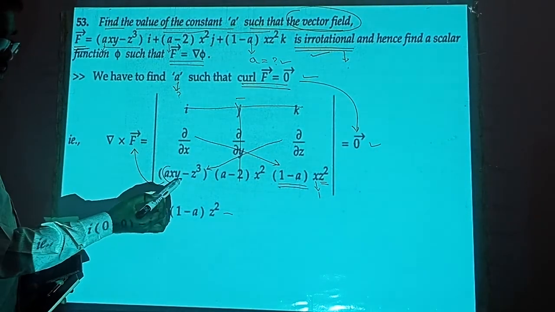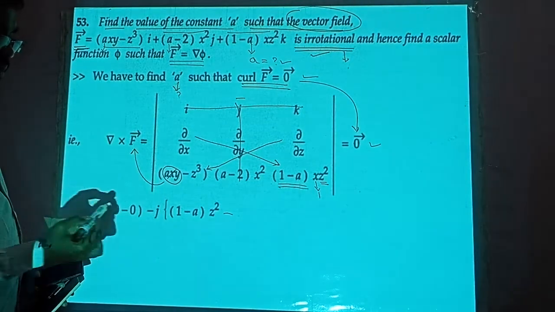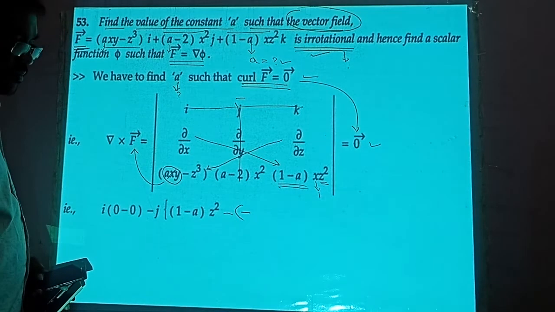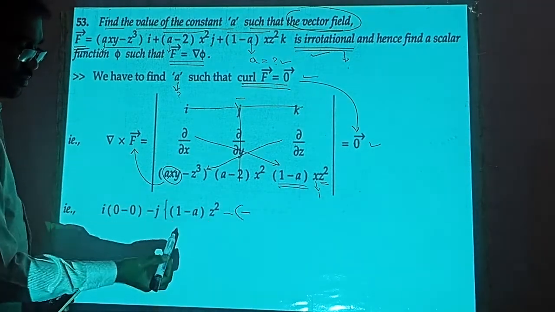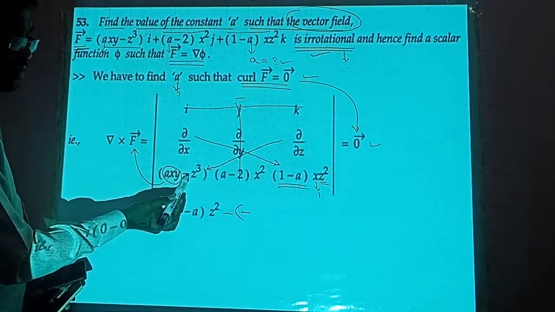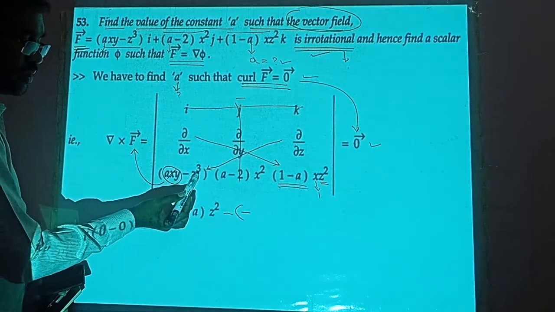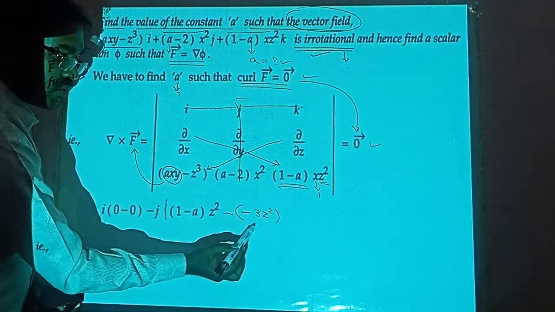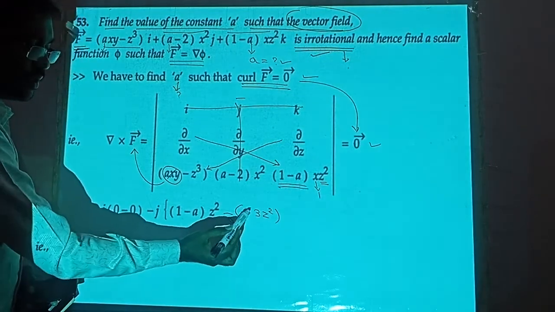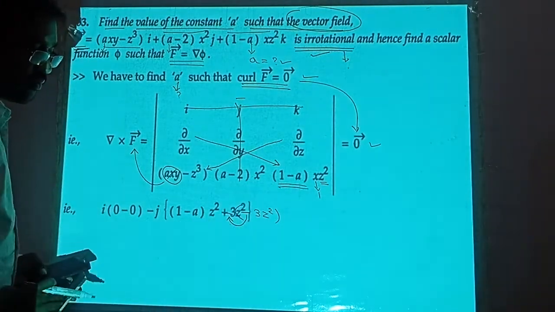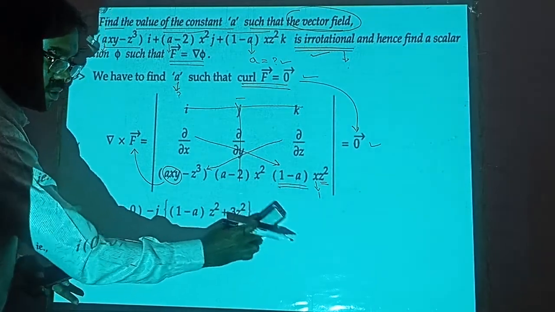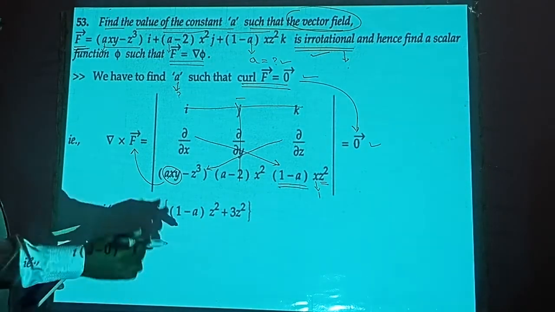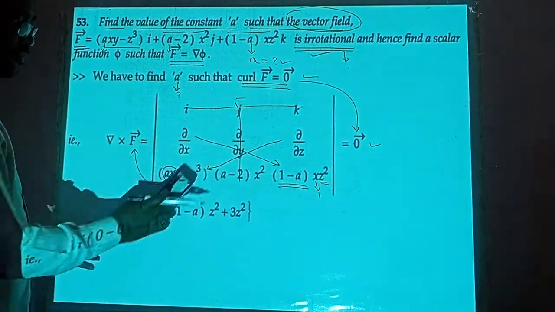Differentiation of this is 0 minus 0 minus, what is the differentiation of z cube with respect to z? 3z square. What happens? Minus into minus, it will be plus. So that is what we have written here. Plus z square.